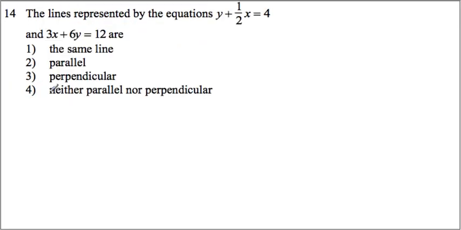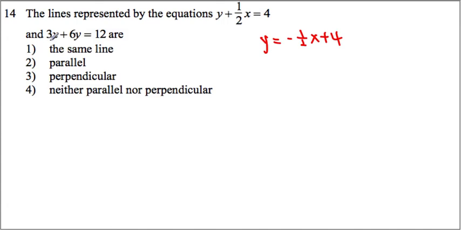Number 14. What do you realize about these two lines? See, one thing you have to realize is maybe we'll try to put them into slope y-intercept form. By subtracting 1/2 x from both sides, we get y equals negative 1/2 x plus 4.